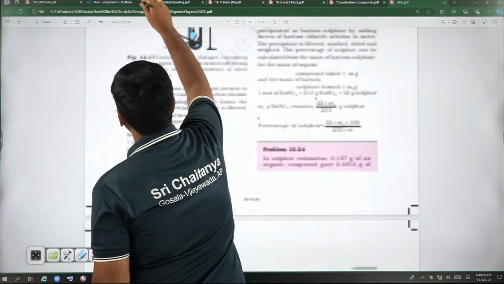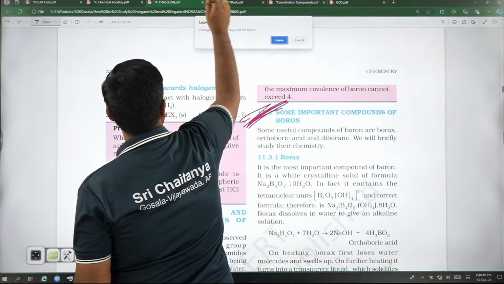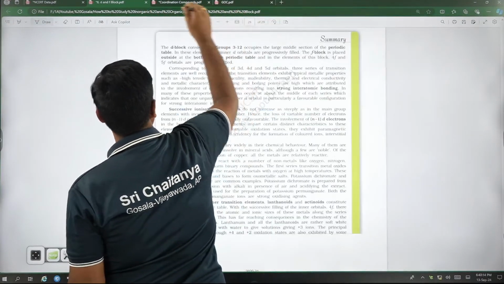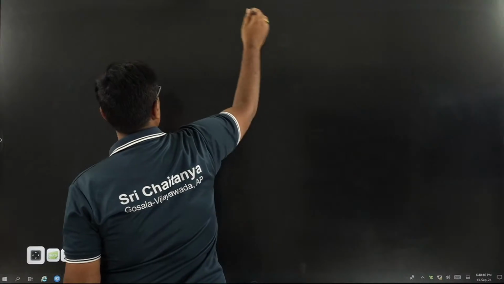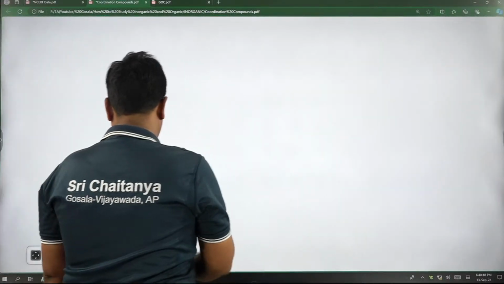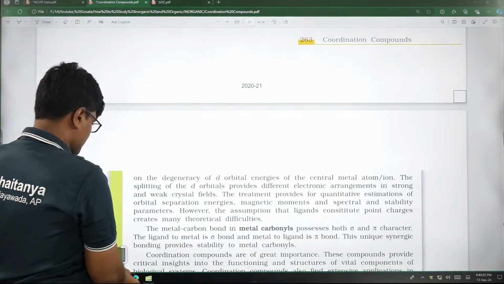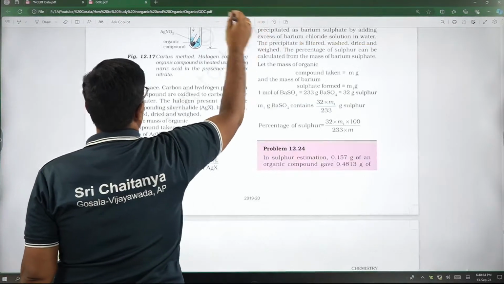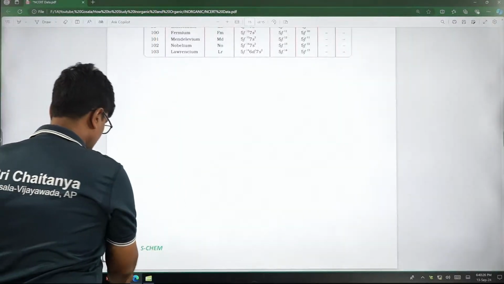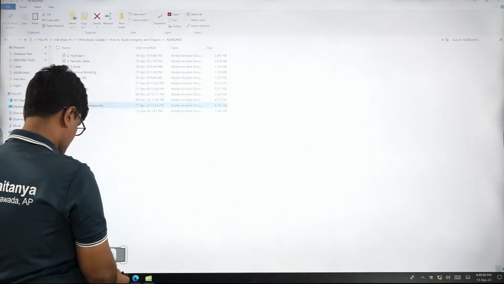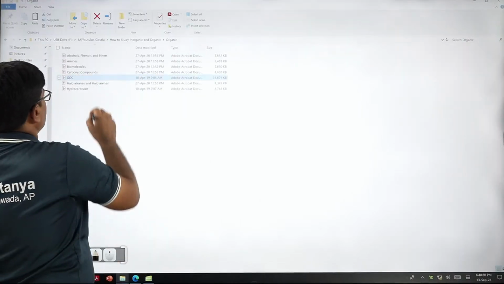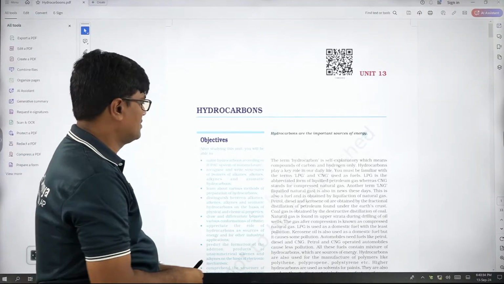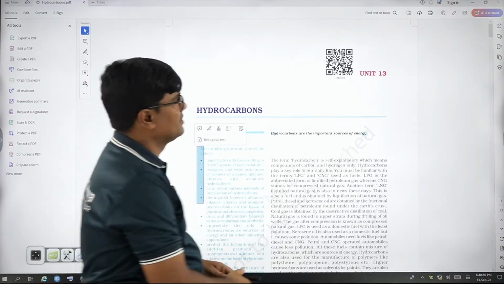And the next chapter, hydrocarbons. Regarding the hydrocarbons chapter, regarding the preparation methods and properties of hydrocarbons, again we have an issue with NCERT.